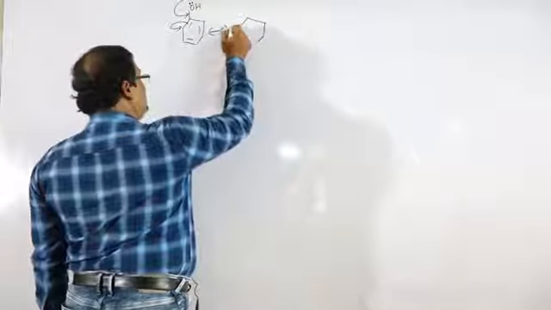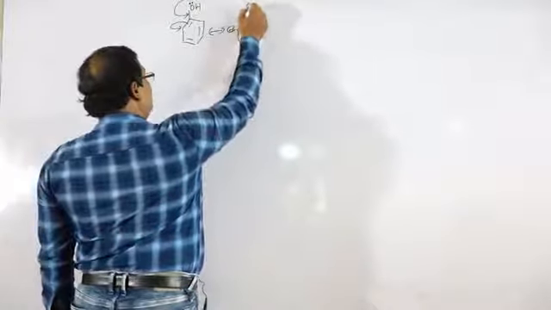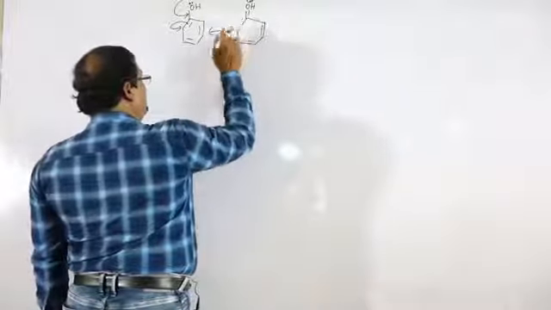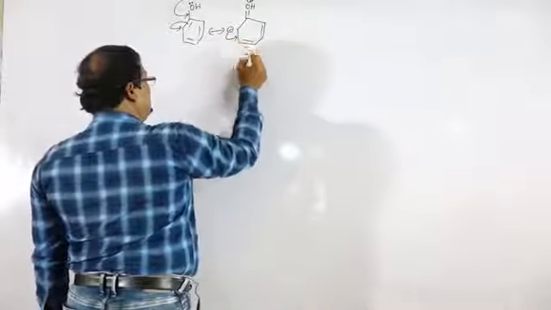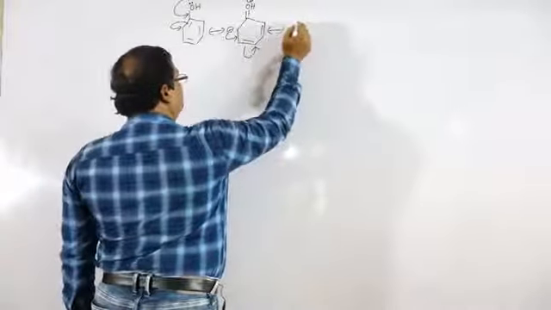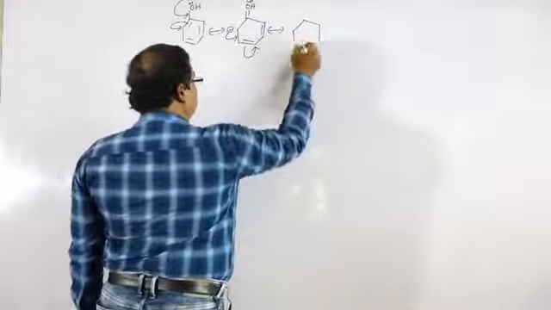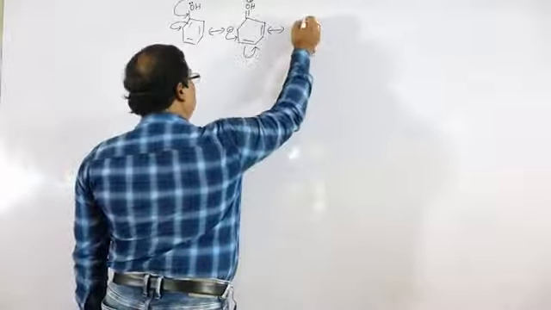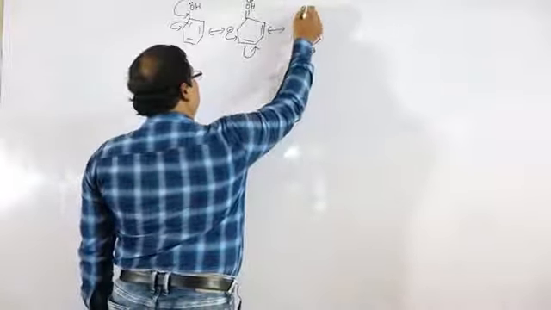Resonance that is taking place. The negative charge will come to the bond, and the bond will be shifted to the next atom. Double bond, negative charge, double bond. OH plus.